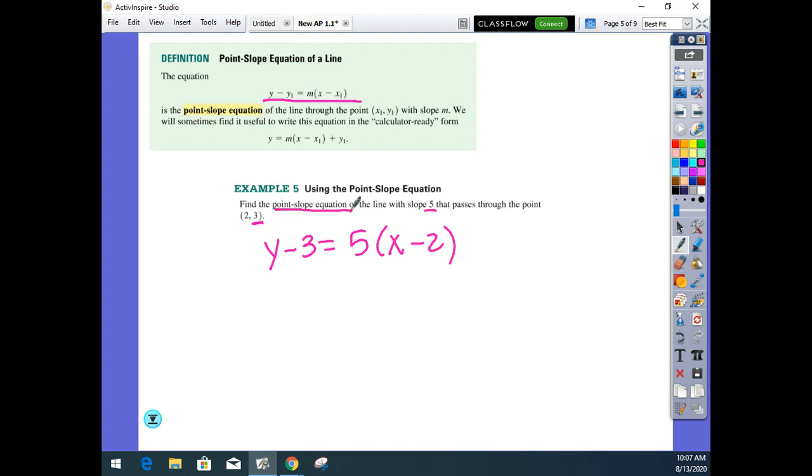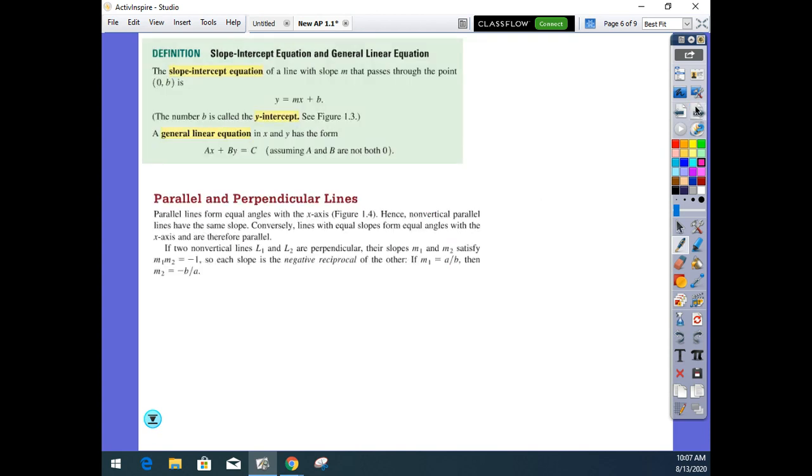Leave it alone, because if you solve for y and you do it incorrectly, you don't get any credit. Here's your slope intercept, y equals mx plus b, probably the one you're most familiar with. Your general or standard form, ax plus by equals c. You don't need to write every single thing down, just your general stuff.